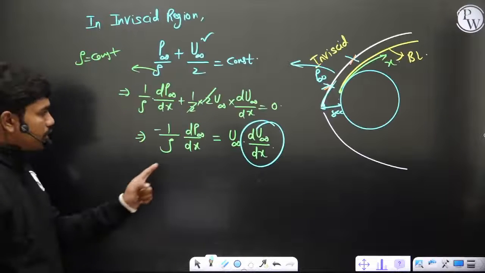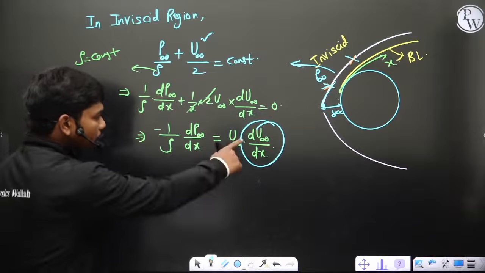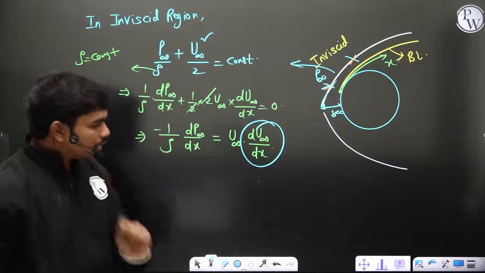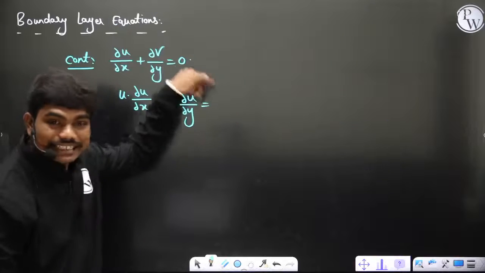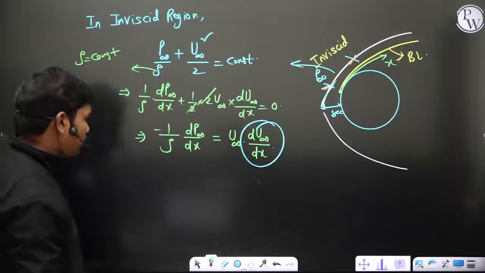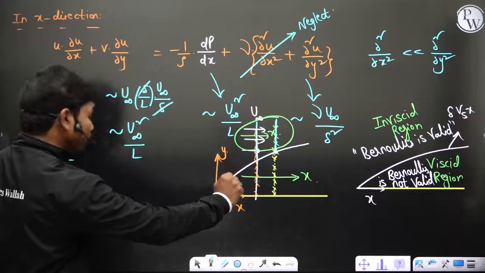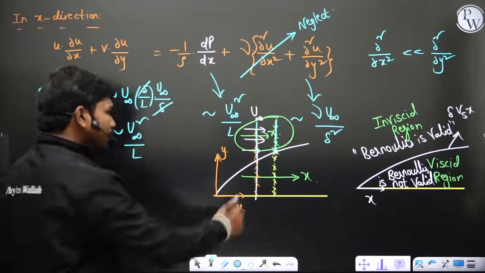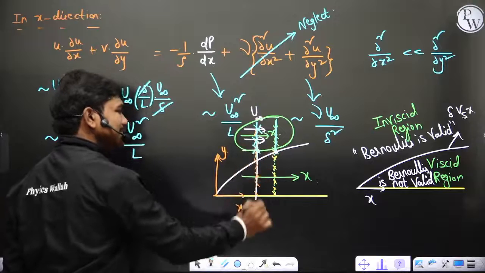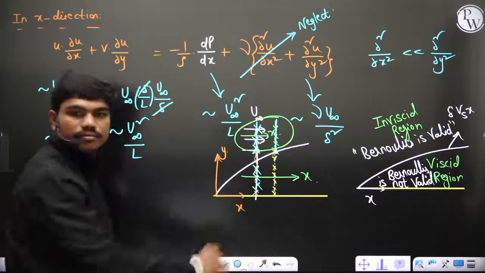That minus 1 by rho dou p by dou x I can write as U infinity into dU infinity by dx. You may ask me, how can you say this is the outer boundary layer, but the pressure we are writing is inside the boundary layer? So how can we say both are equal? Because of this explanation and this equation. Understood? Because of this equation, what happens here at a particular x, the same happens here inside. Understood?